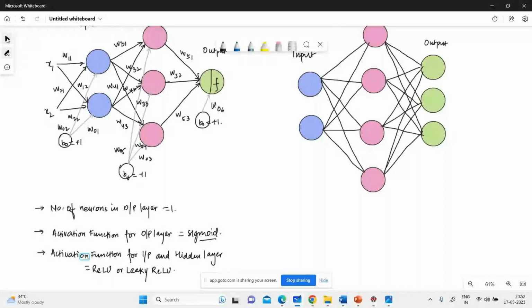Let's say this is f1, f1, this one is f2, f2, and f2. This is fixed. Why is it fixed here? It has to be ReLU or leaky ReLU. This is also fixed. It will be sigmoid. And then combining all, we will get our Y.